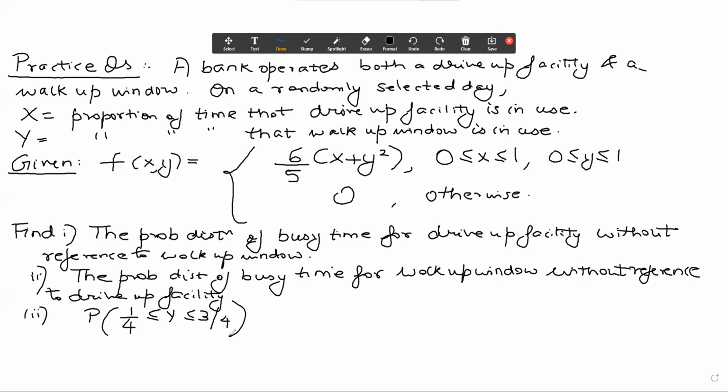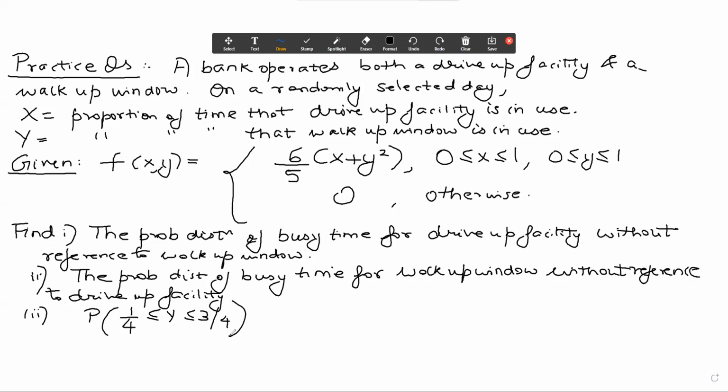We are given X denotes the proportion of time that the driver facility is in use. Y denotes the proportion of the time the walk-up window is in use. We are given the joint PDF 6/5 times (x plus y squared) for x and y lying between 0 and 1, and 0 otherwise.